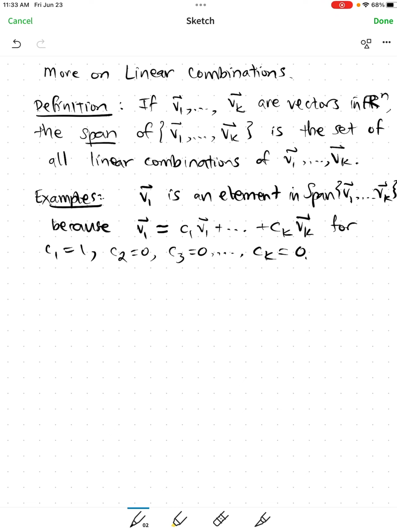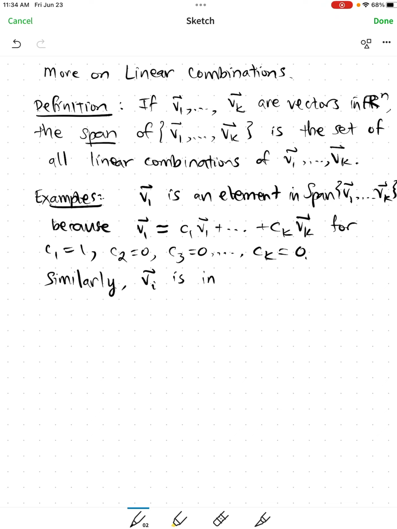If c1 is 1, then you get 1 v1 is v1, and all the other vectors are going to be 0, so then you just get v1. So that shows that v1 is in the span of v1 through vk, and similarly, what about the other vectors? V1, V2, V3, etc., all those are in the span of V1 through Vk.